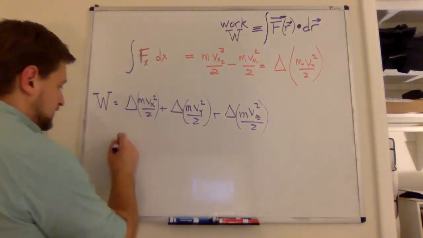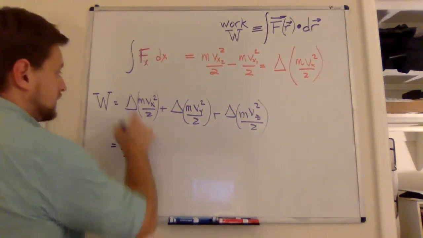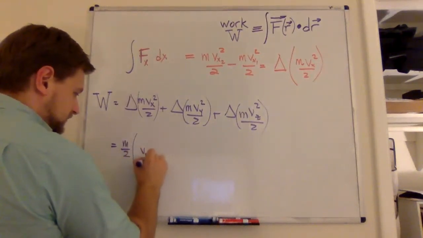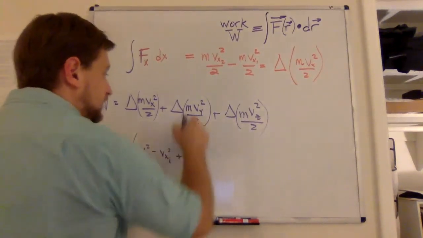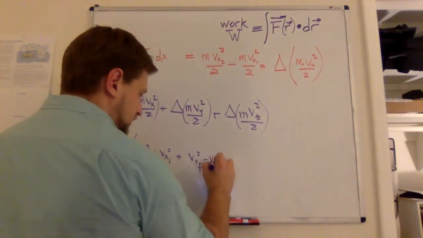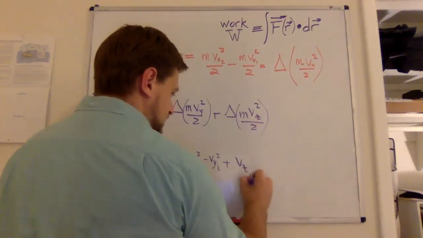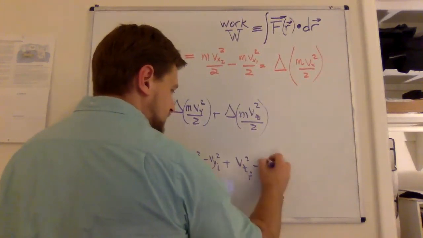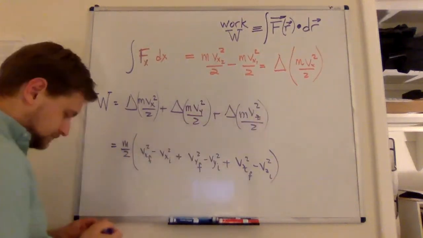So this looks like m over 2 times vx final squared minus vx initial squared plus vy final squared minus vy initial squared plus vz final squared minus vz initial squared.